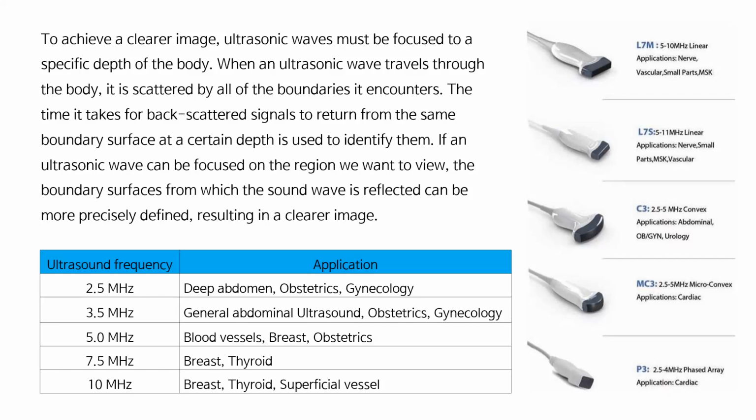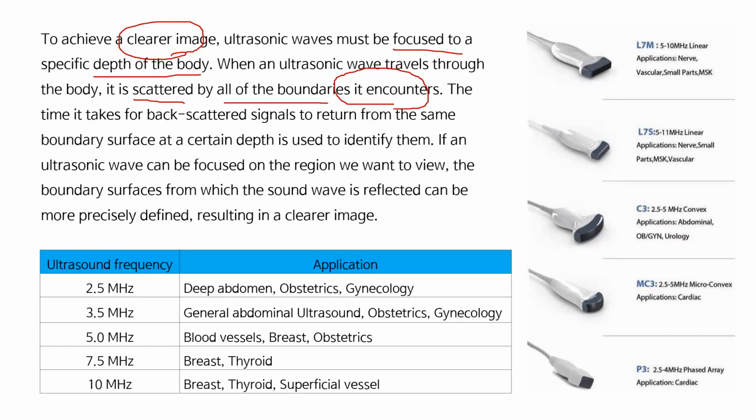To achieve a clearer image, ultrasonic waves must be focused to a specific depth of the body. When an ultrasonic wave travels through the body, it is scattered by all of the boundaries it encounters.